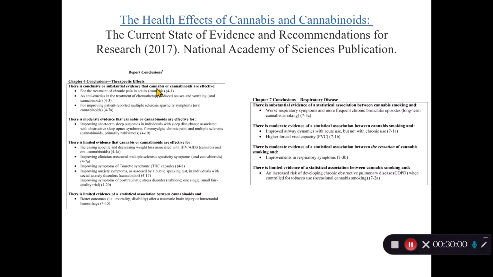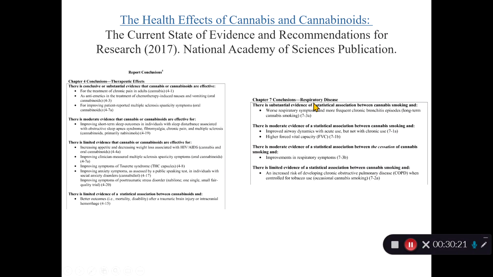And you can see there's good and bad health effects, right? So we have these therapeutic effects, right? So let's go down to, moderate evidence that cannabis is effective for improving short-term sleep outcomes, right? If you have trouble, if you have sleep apnea, things like that.